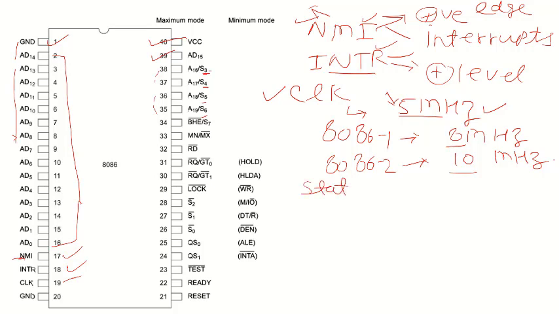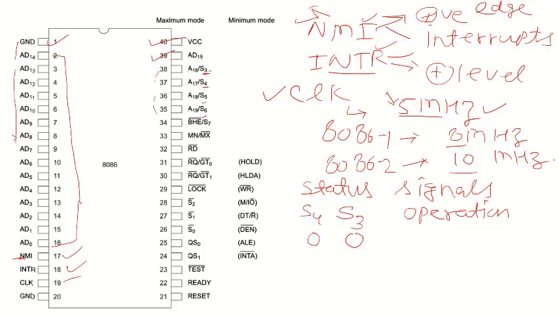Status signals. So the status signals S3 and S4. This is S3 and this is S4, and their operations. If both are 0, 0, it means the extra segment is selected.